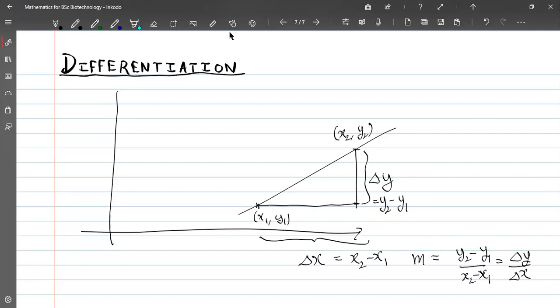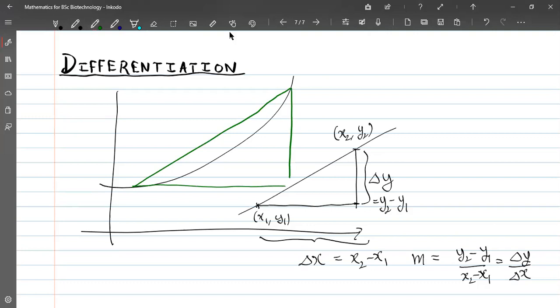What if you have not a straight line but some other curve? We can still do the same thing. You can still look at what happens if you go forward. Here you have one point on the curve, say x1 y1, and another point x2 y2, and with the same formula, you can find delta y and delta x.